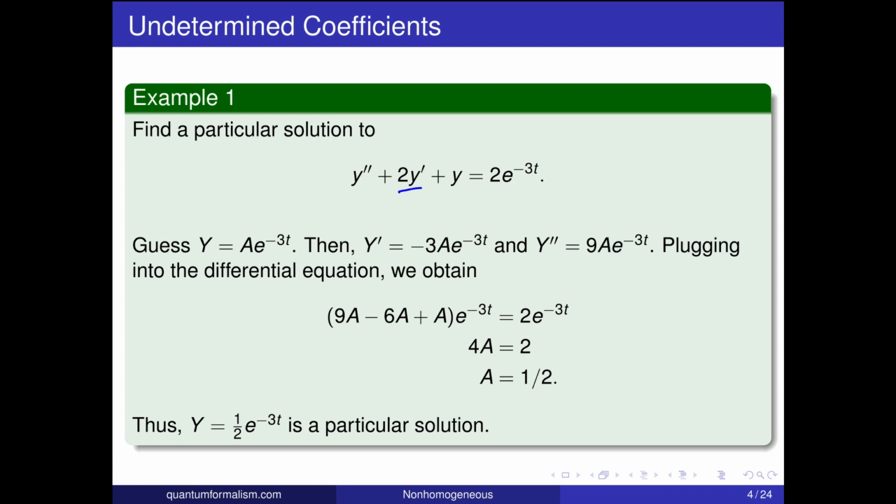And putting that all together, we'll have 4A e to the minus 3t is supposed to be equal to 2 e to the minus 3t. So we just need A equal to a half. All right, so capital Y equals 1/2 e to the minus 3t is a particular solution. So that is one solution that we were able to guess. And that's all we need, right? Because we can get the general solution just by writing down the complementary homogeneous solution and adding that onto it.